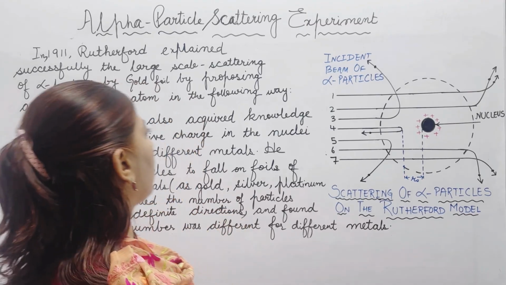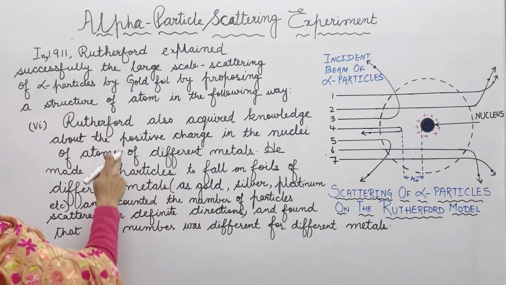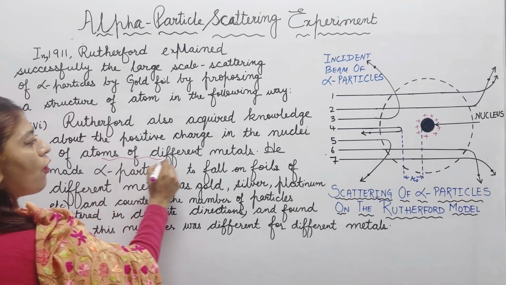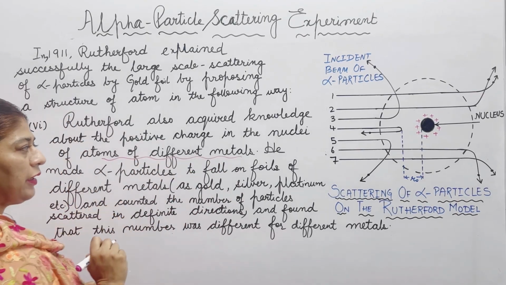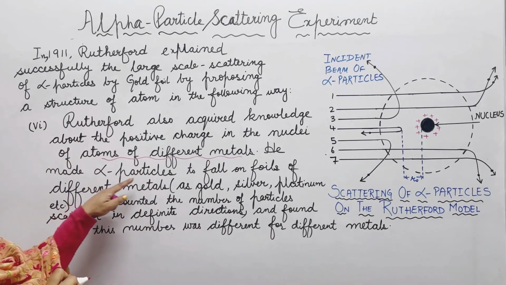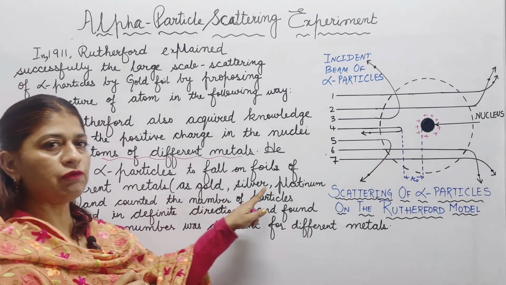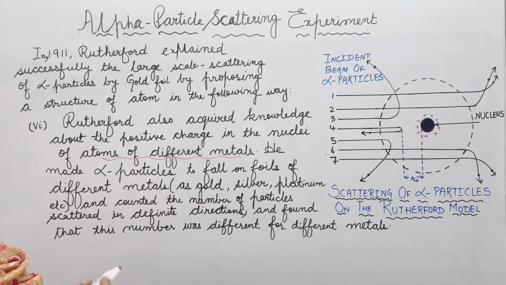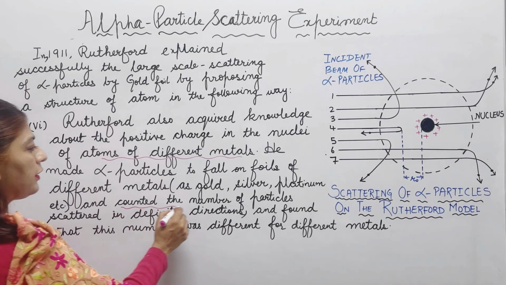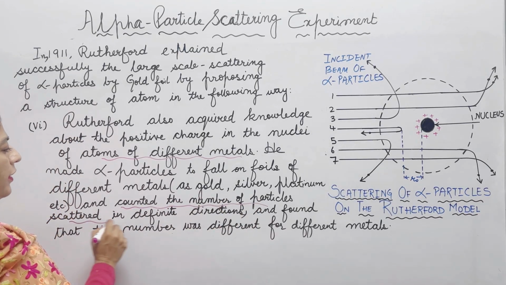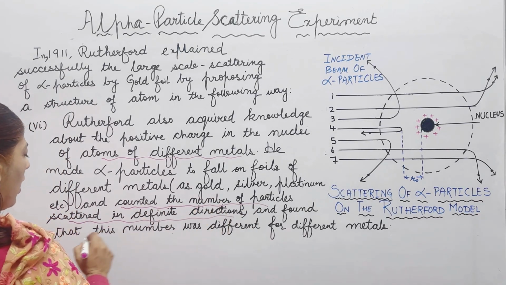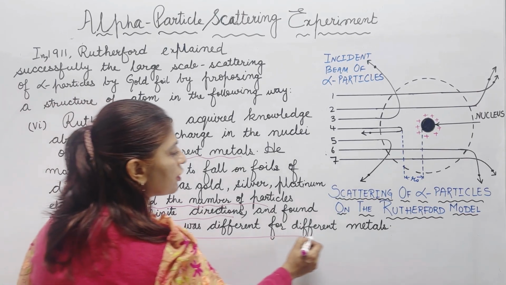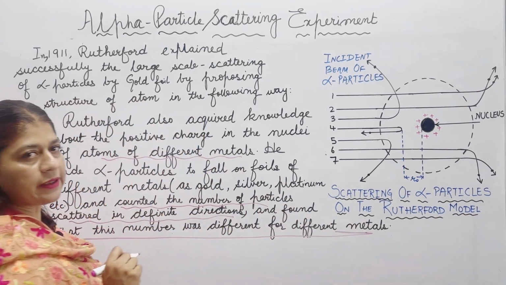Rather, he acquired knowledge about the positive charge in the atoms of different metals. He made alpha particles fall on gold, silver, platinum, which means he was working on different metals, and he counted the number of particles scattered in definite directions and found that this number was different for different metals.